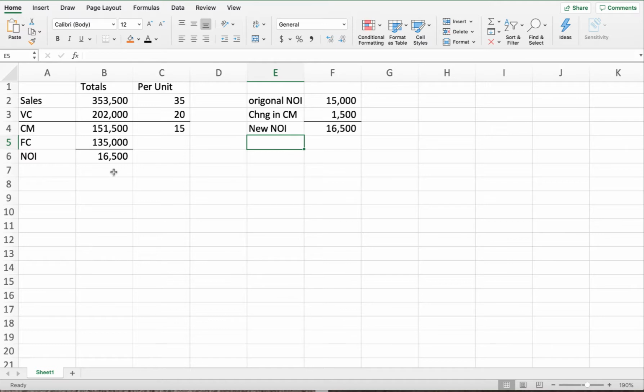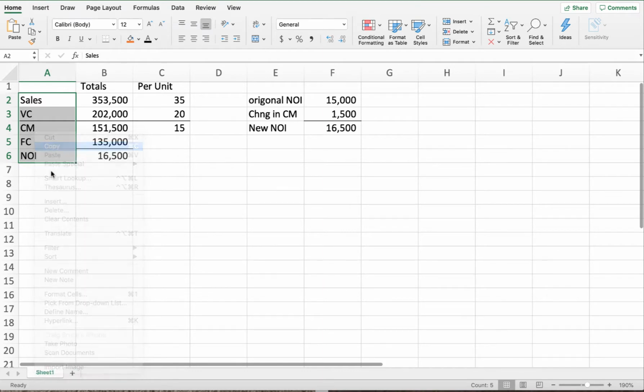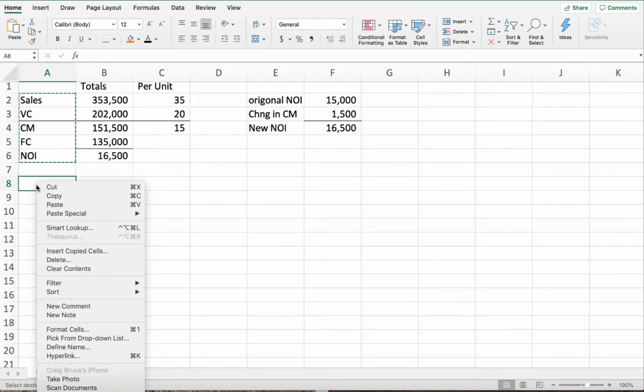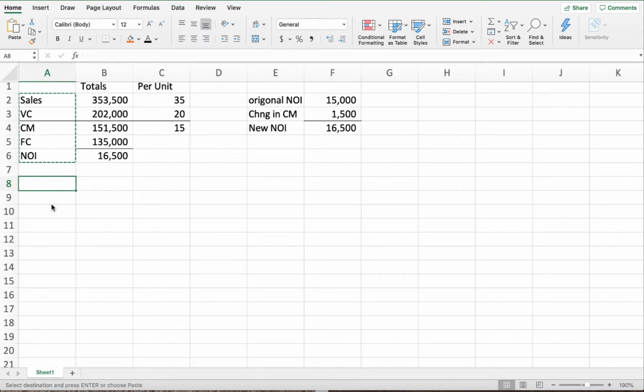Now let's look at number two. Number two says, what would be the revised net operating income per month if sales volume decreased by 100 units? Okay? I can do this the same exact way, right? I can do it the long way. I'm just going to copy and paste my abbreviated contribution formatted income statement, right?